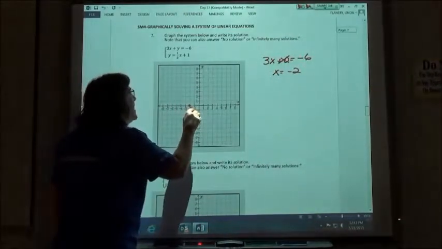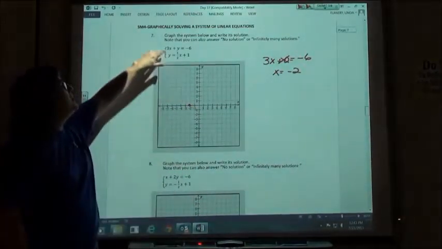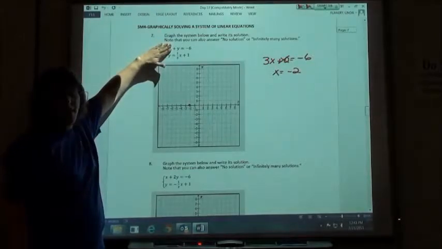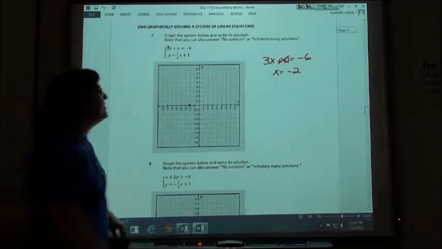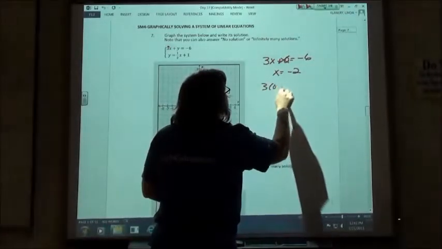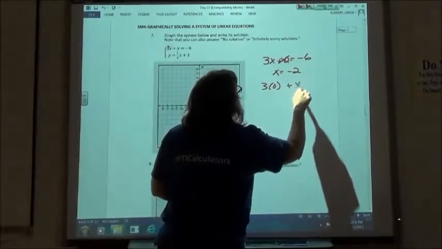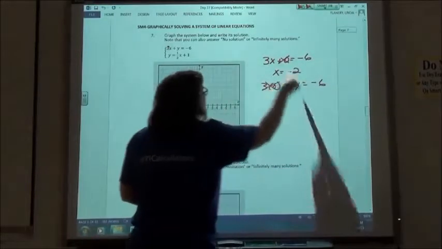So my x-intercept is -2. My y-intercept, if I put 0 in for x, is going to be at -6. 3 times 0 plus y equals -6, so that gets rid of that, and I just get the -6.